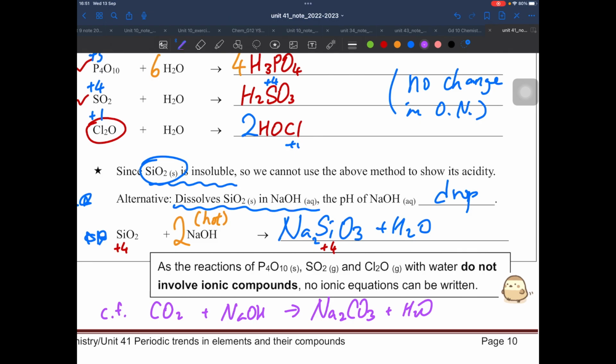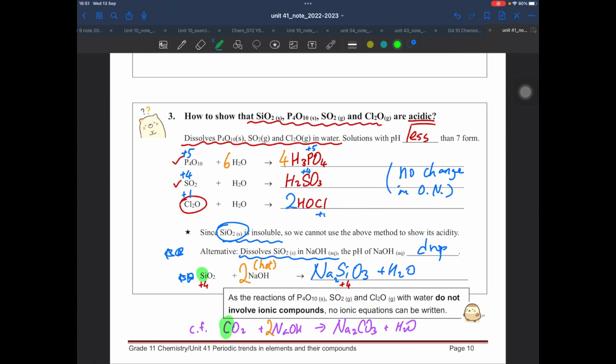And we got 2 NaOH here. The sodium hydroxide can help to remove or absorb CO2 from air. So you can compare these two equations. Both carbon and silicon belong to group 4. So if you can write down the purple one, I'm sure you can write down the blue one because everything is the same. Right. So here is the non-metal part.